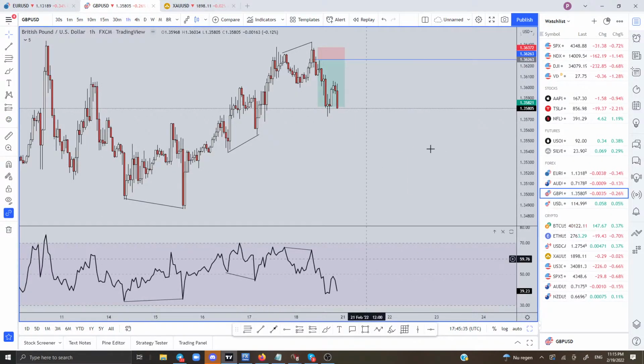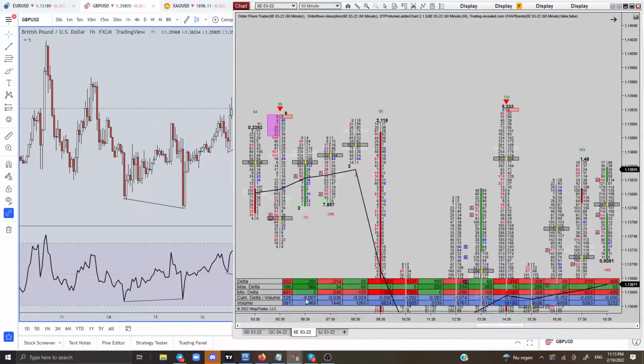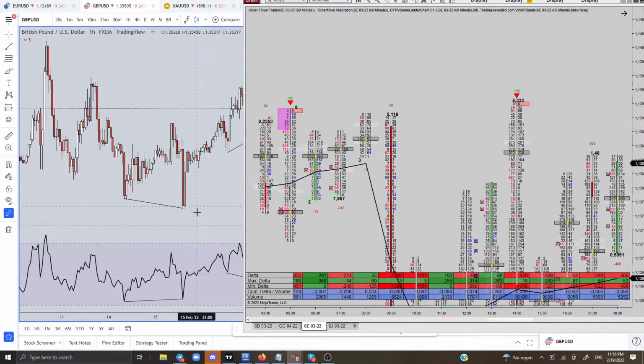Let's see in this chart, we have these divergences. The price makes a lower low, but this makes a higher low. This is a divergence, this is a divergence, this is a divergence. But let's look at what was there in this divergence. First look at this here, 6B, GBPUSD. The day was 15th of February. So we are looking at this setup first.